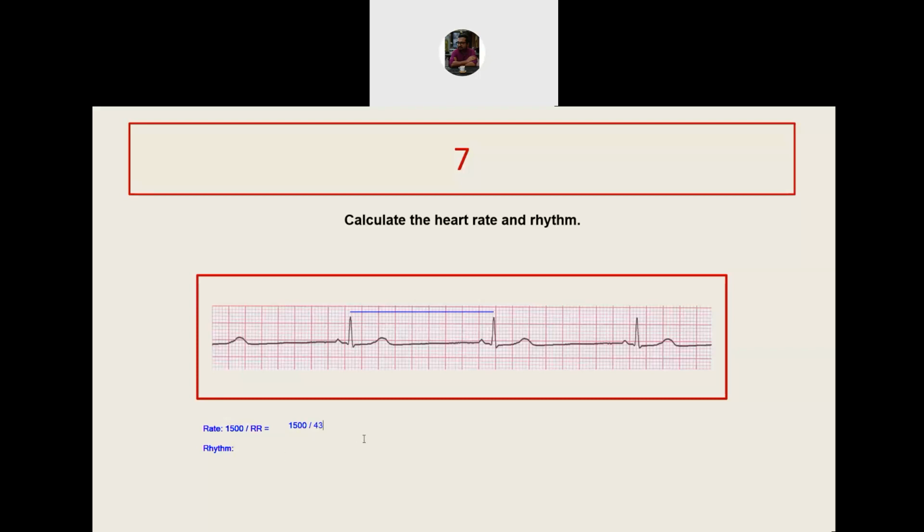So the rate will be around 35 per minute. And you can see that the RR intervals are equal, therefore the rhythm is regular. Very good. So this is definitely a case of bradycardia. The normal heart rate is between 60 to 100. So this is a case of bradycardia.